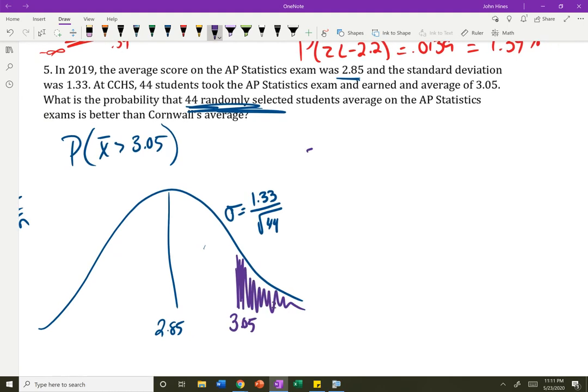What's the chance I do better than Cornwall is my question. So let's find a z-score for Cornwall. It's value minus mean in terms of standard deviations. How many standard deviations am I from the mean?